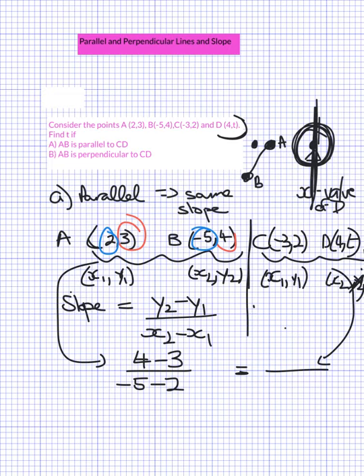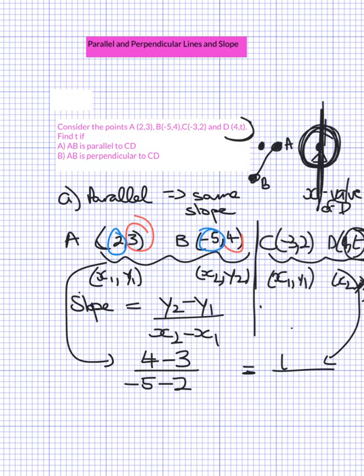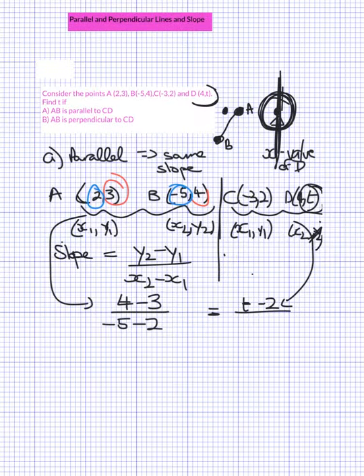Over here, my x2 is 4 and my y2 is actually t. So I'm going to have t minus 2, because that's y2 minus y1, over x2, which is 4, minus x1, which is minus 3. And there we have it. Our two slopes are equal to each other. Now we can just solve it.